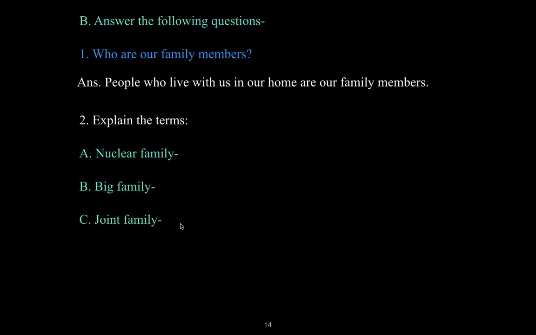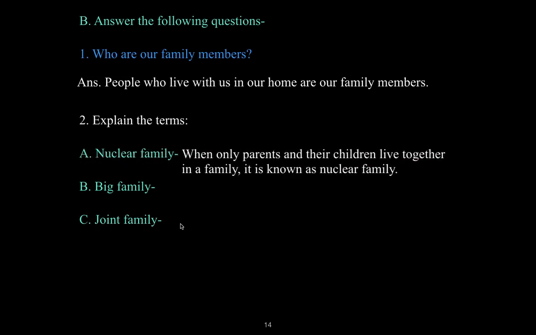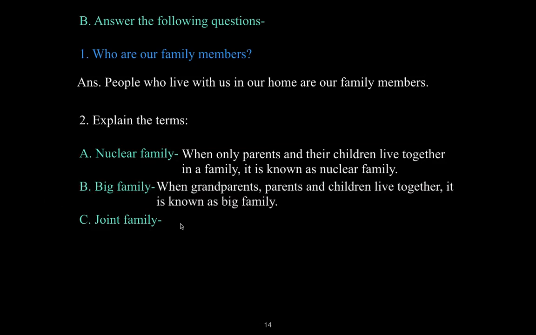Now explain the term nuclear family. What do you mean by a nuclear family? When only parents and their children live together in a family, it is known as a nuclear family. Now what is a big family? Yes, when grandparents, parents and children live together, it is known as a big family.